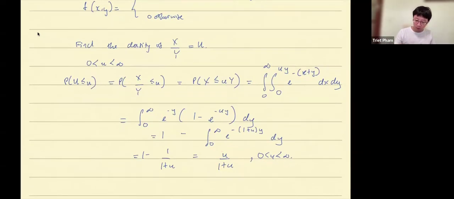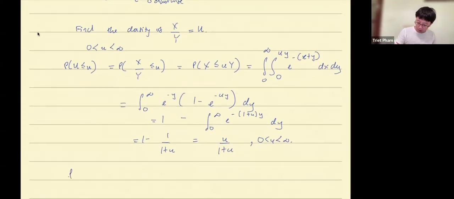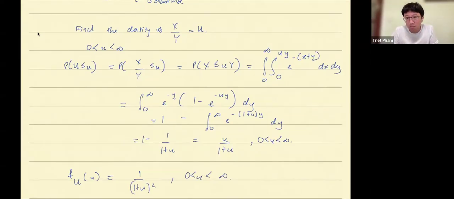Now the PDF would be differentiating this. It's easier to differentiate this one: minus the derivative of 1 over 1 plus u gives you 1 over (1 plus u) squared. Any question?